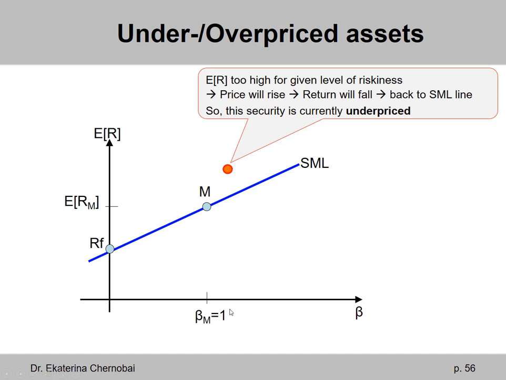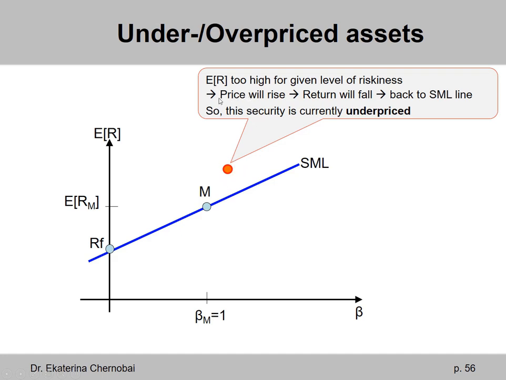Is it a good thing for investors? Of course, because they're paying some money to buy each share, and they're compensated more than they should be compensated for the kind of fluctuations in returns that they're getting with their purchase. So this stock will be very popular, in high demand.